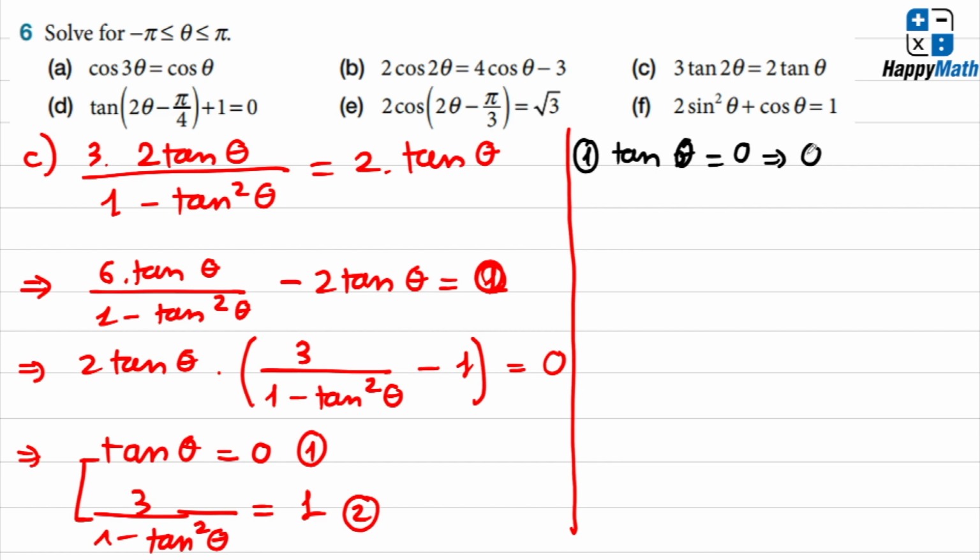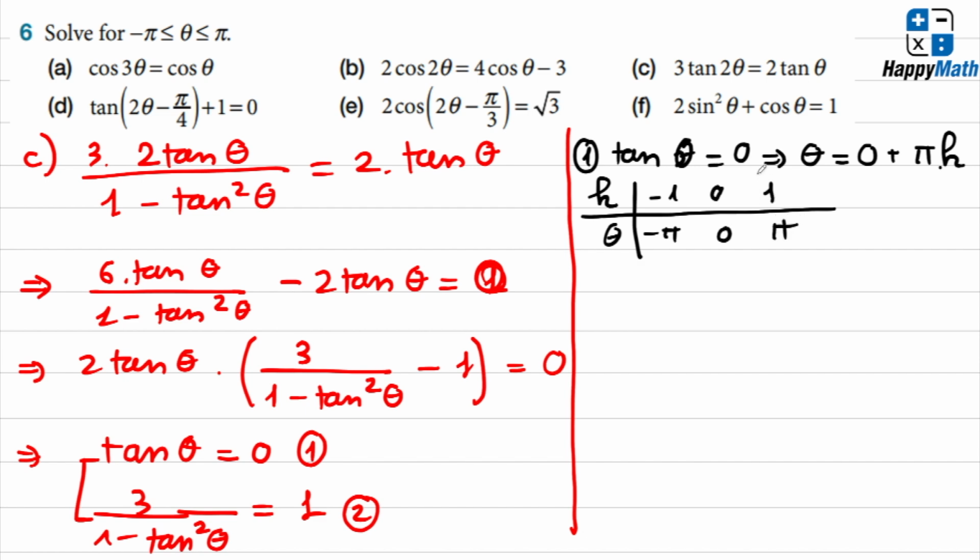It means theta equal to 0 plus k pi. And between k and theta, making the table, you got minus 1. Minus 1 is minus pi, 0 is 0, and 1 is pi here. Okay, that is the first.